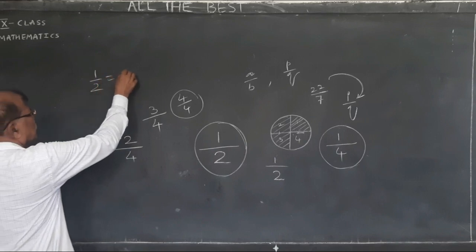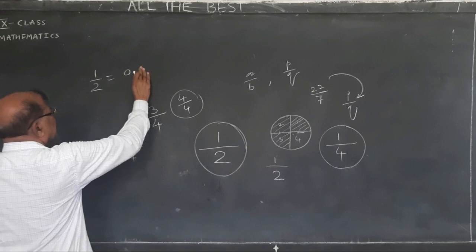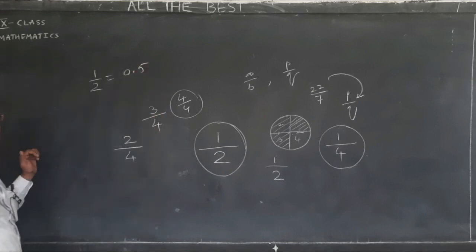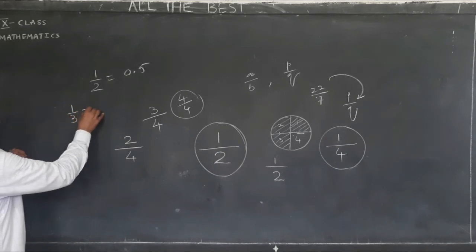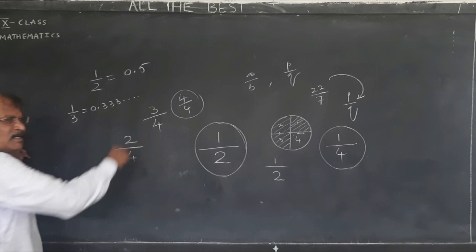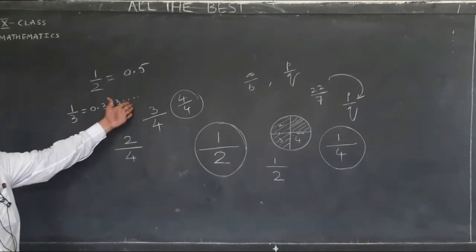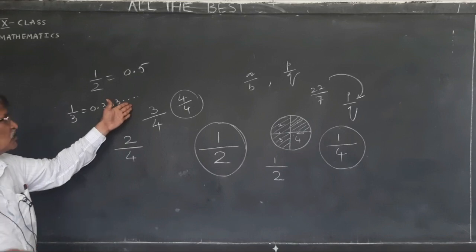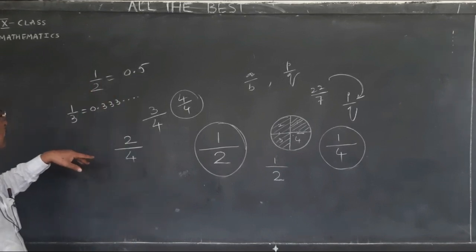If you convert 1 by 2 into 1 divided by 2, you are getting 0.5. Suppose you take 1 by 3, you are getting 0.3333, non-terminating. So I need to explain two terms: one is terminating, another one is non-terminating.